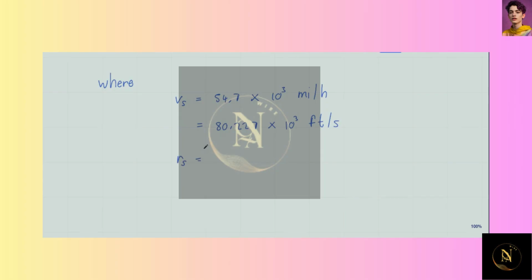The radius of the satellite's orbit can then be calculated by using the equation above.